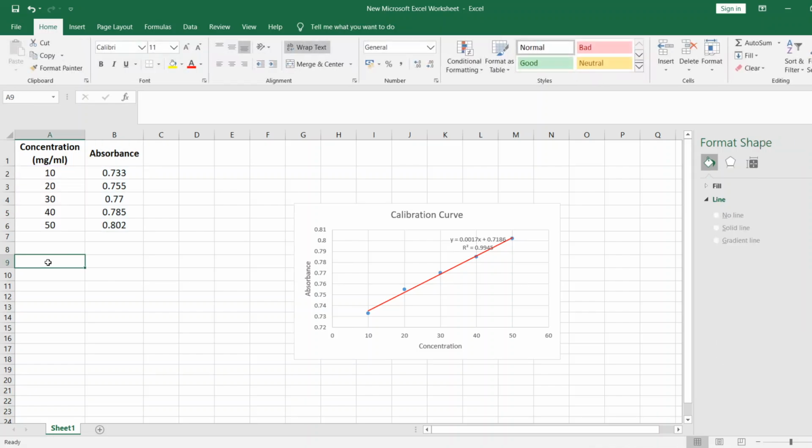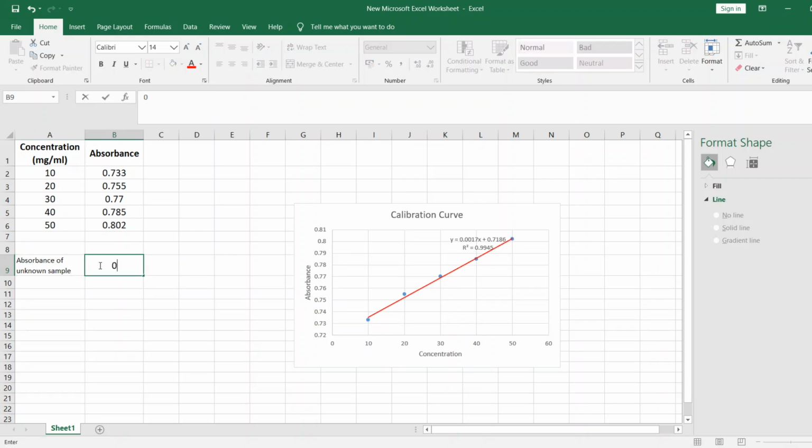For the determination of the concentration of the unknown sample, obviously we know the absorbance of the unknown sample. Suppose it is 0.76 and we want to determine the concentration of the unknown sample.